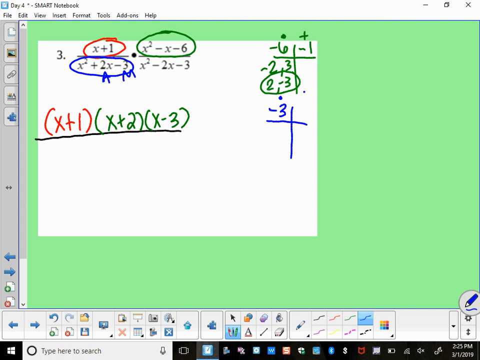And what about two numbers that add to give me positive 2? So my factors will be 3 and 1. Something needs my negative, the 3 or the 1? If I have negative 3 plus 1, I get negative 2. So it's going to be the 1. Let's write that in: x plus 3 and x minus 1.